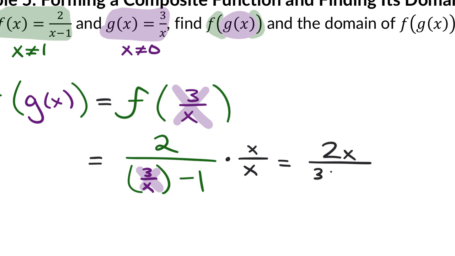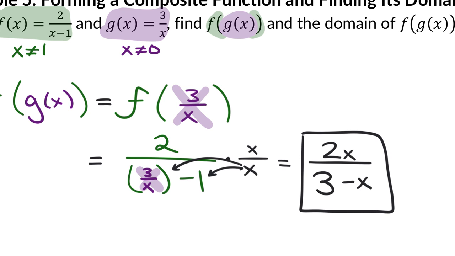It becomes 3x over x minus x, because this distributes. What happens to 3x over x? The x's cancel. That's why we multiply by the denominator in the denominator. There's nothing else I can simplify here. So this is f of g of x.